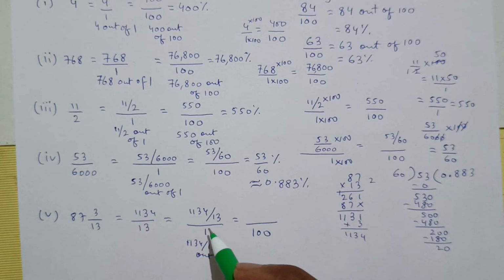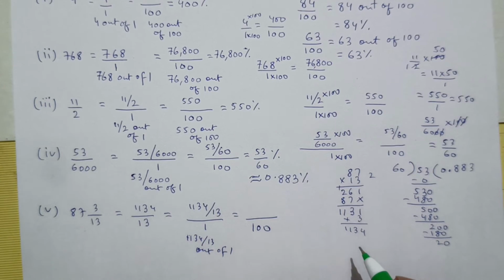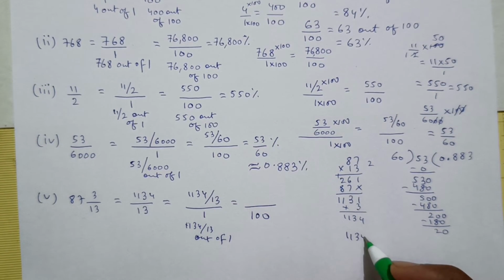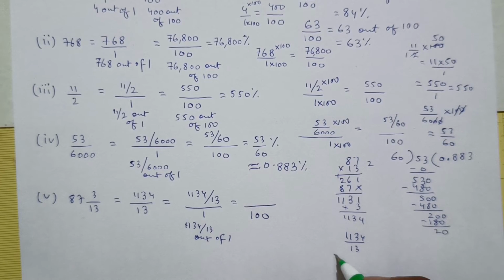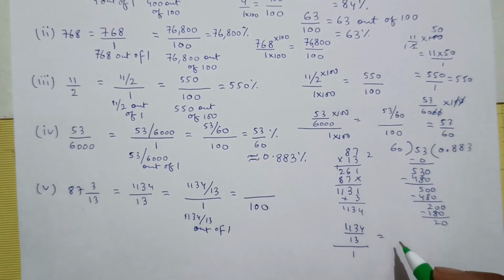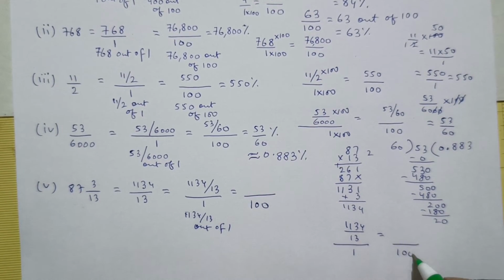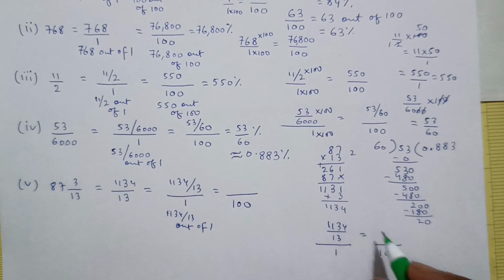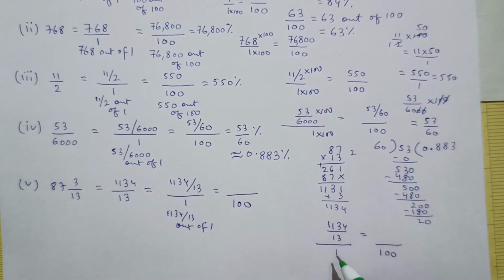So 1134 by 13 out of 1 is how much out of 100? Again, this is a question of equivalent fractions. So 1134 by 13 upon 1 is equal to how much by 100? Here the denominator is 1. I want the denominator to be 100.